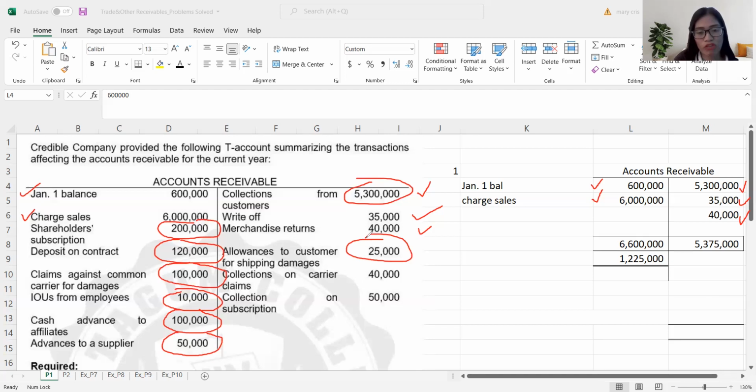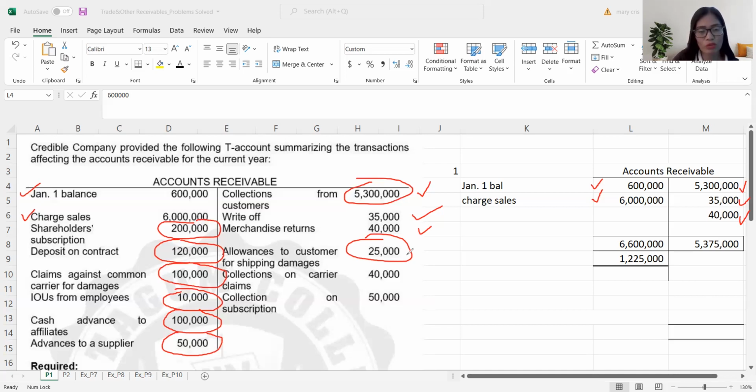So what I would like to do is to recognize it in a separate allowance account. But of course, in the end, if you're going to compute for your net realizable value, this 25,000 here would still be deducted from your accounts receivable to get your net realizable value. So it has the same effect.